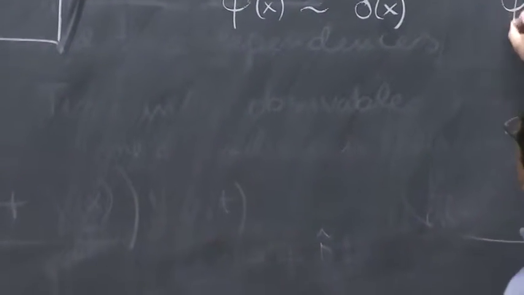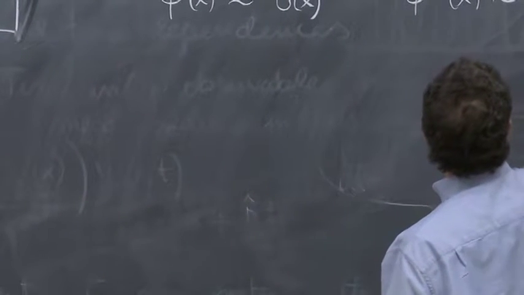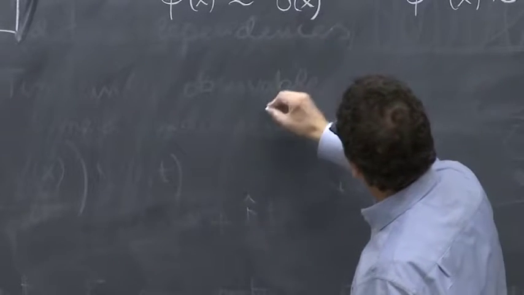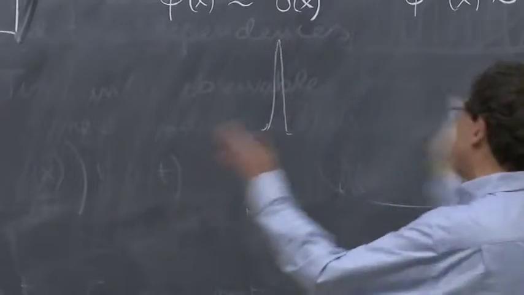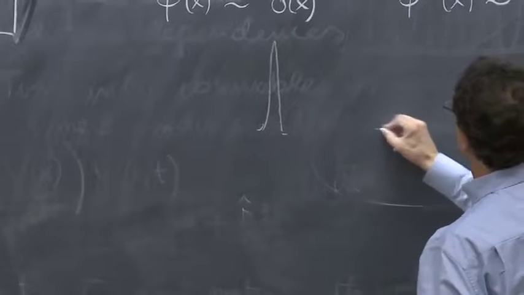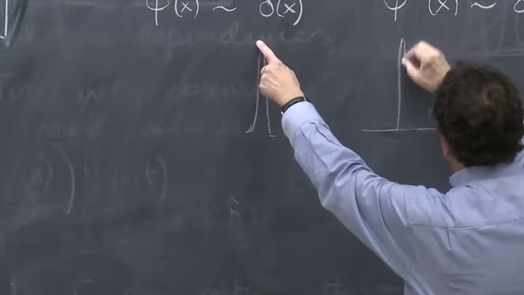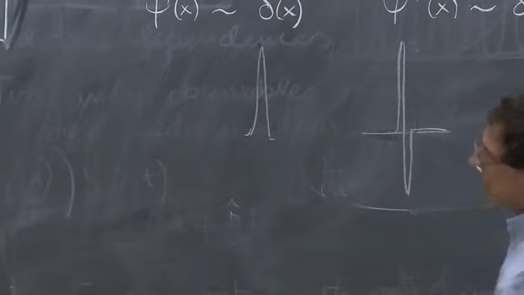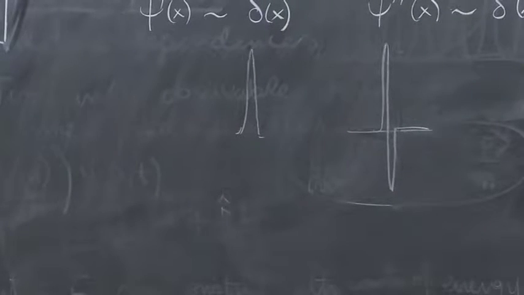And psi double prime of x, the second derivative, would have a derivative of a delta function, which is worse, because a delta function we think of as a spike that is becoming thinner and higher, but the derivative of the delta function first goes to infinity and then goes to minus infinity and then comes back. It's much worse in many ways.